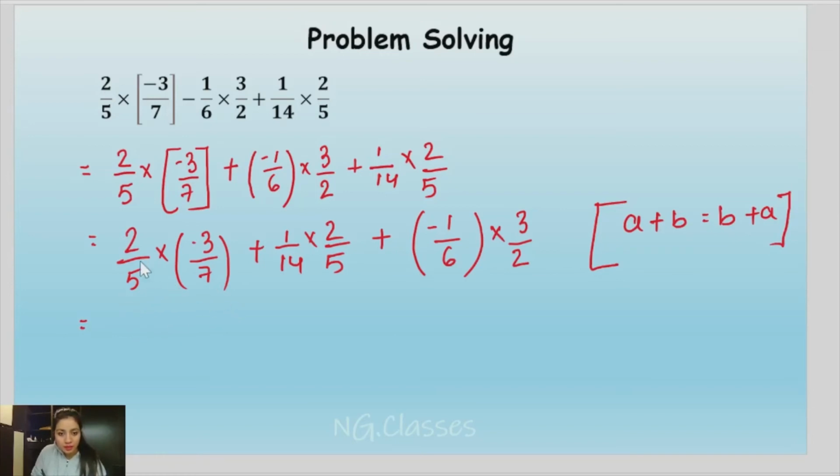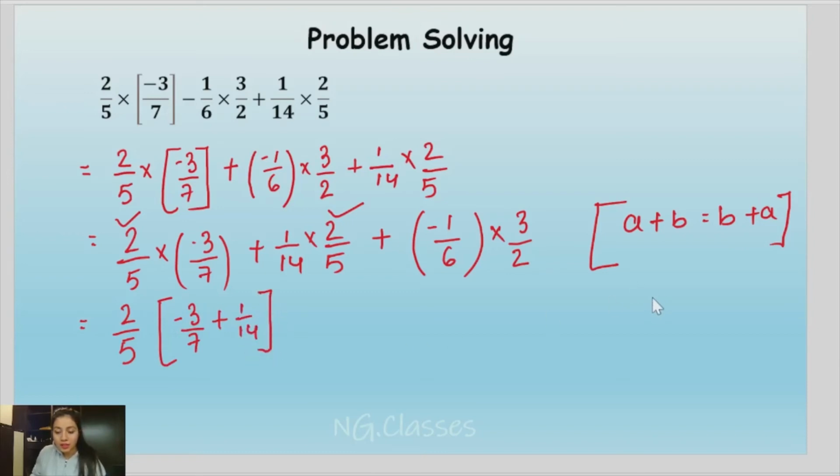Now here you can see clearly that 2 by 5 is here and 2 by 5 is here. So we can take out 2 by 5 as a common factor. So 2 by 5 I am writing outside, and inside the bracket minus 3 by 7 plus 1 by 14.